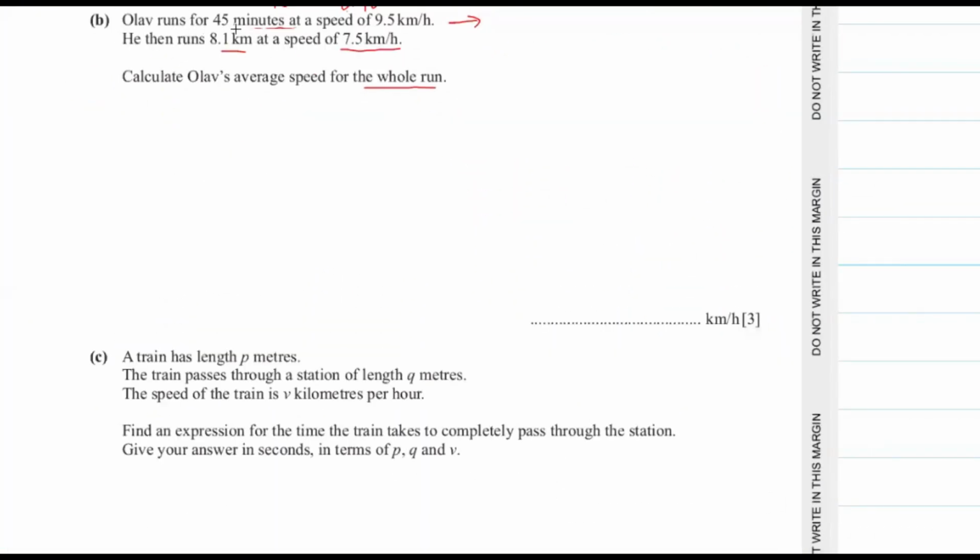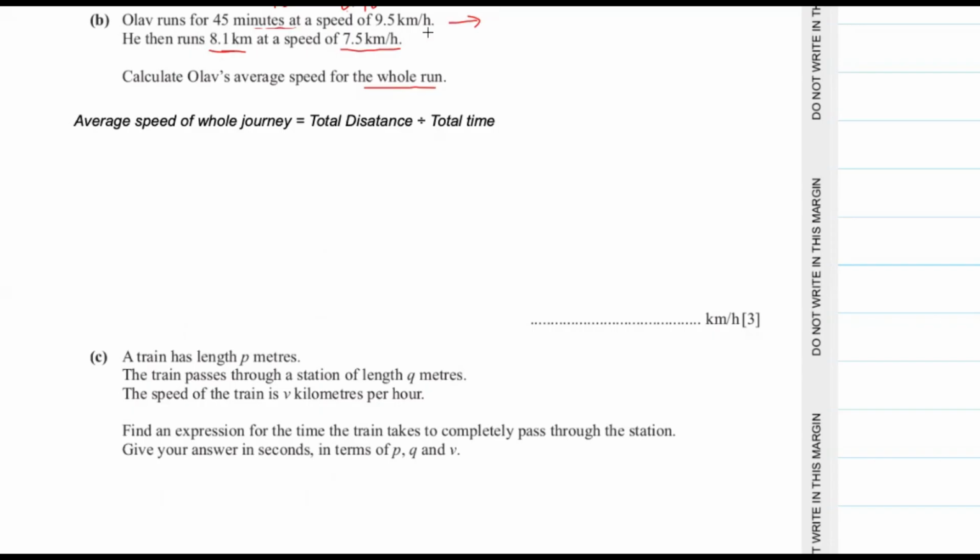Part B, Olive runs for 45 minutes at a speed of 9.5 km per hour. He runs 8.1 km at a speed of 7.5 km per hour. Calculate average speed of the whole run. Look here, this is the average speed. The formula is: the average speed of the whole journey is total distance divided by total time.